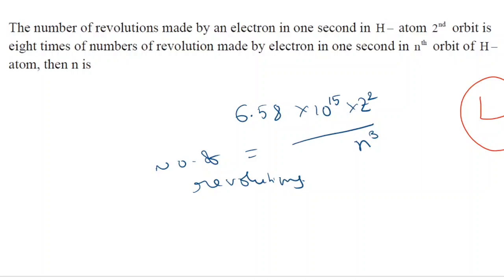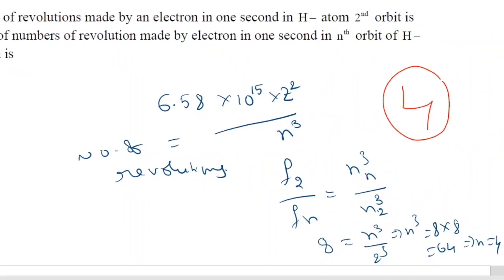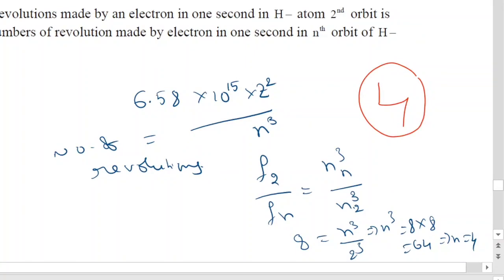Here we can say that the number of revolutions F2 divided by Fn is equal to n cube divided by 2 cube. So the second orbit revolutions divided by nth orbit revolutions, if we consider it is 8, we get n cube is equal to 64, n is equal to 4, right? Now let's move to the next one.